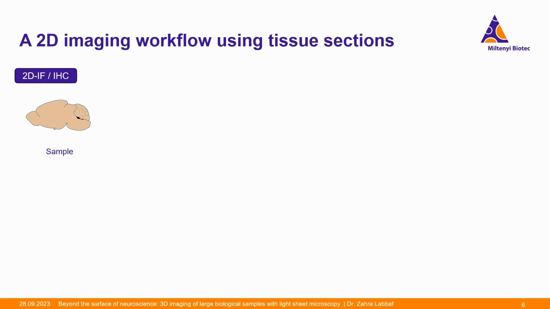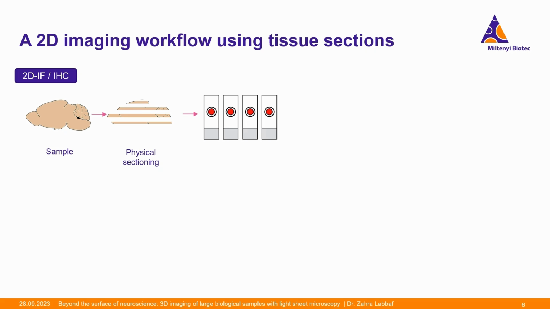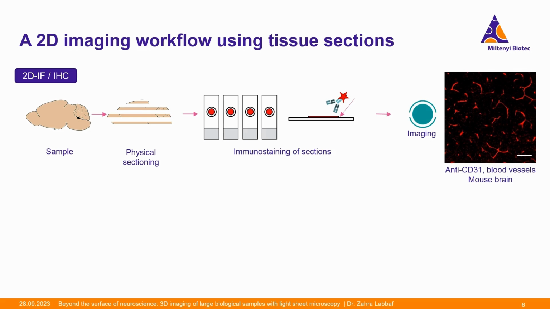A major difference between 2D and 3D microscopy is the sample preparation step. For 2D microscopy, sample preparation involves sectioning of an opaque specimen. Let's take the mouse brain as an example here. So the first step would be physical sectioning, then mounting these sections on slides, followed by immunostaining of the individual sections, and finally imaging.